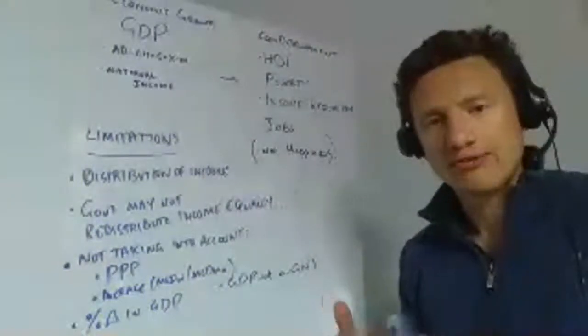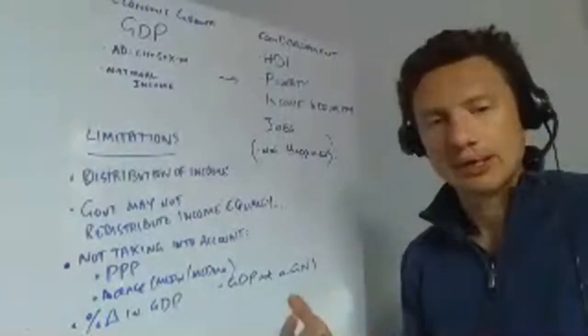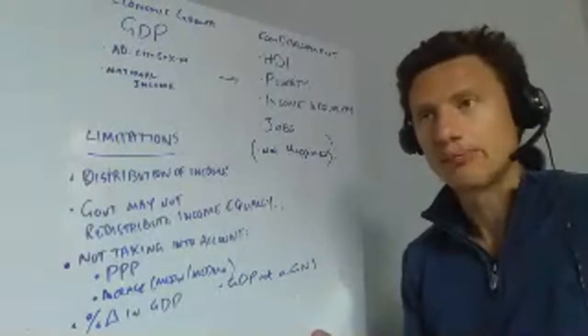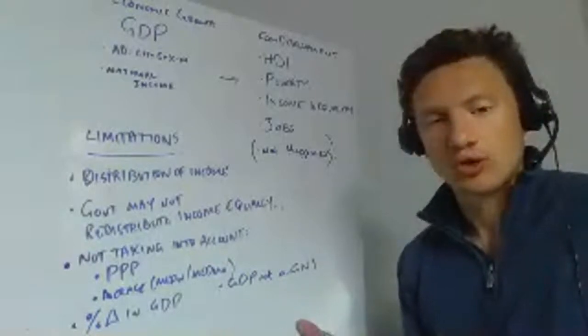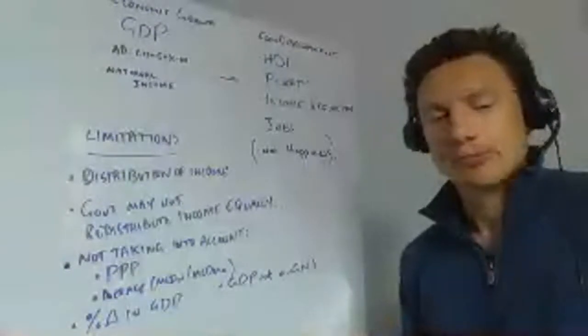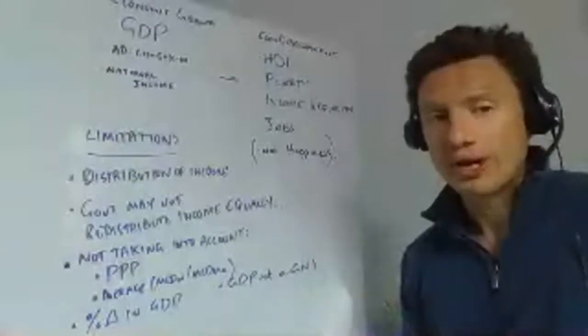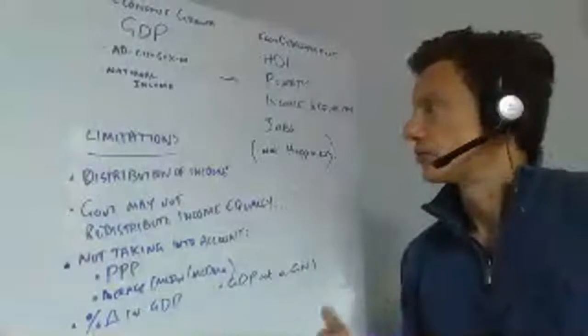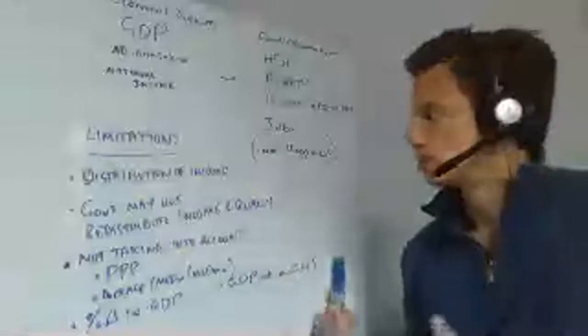On the other hand, if a lot of your income is being made by foreign nationals, then a lot of it will be transferred out of the country. Repatriation of profits, repatriation of wages, and therefore you wouldn't see the increases in economic development that you would expect to see.